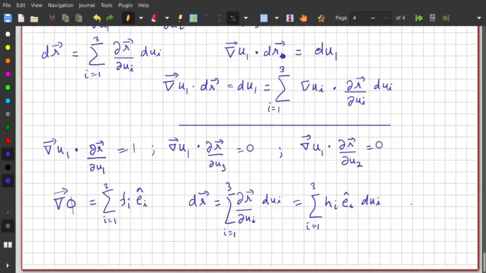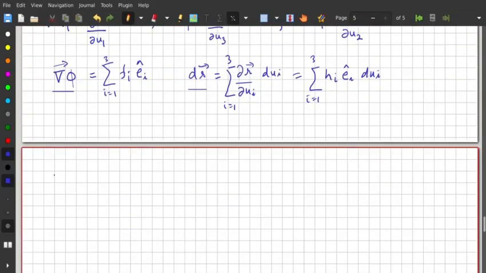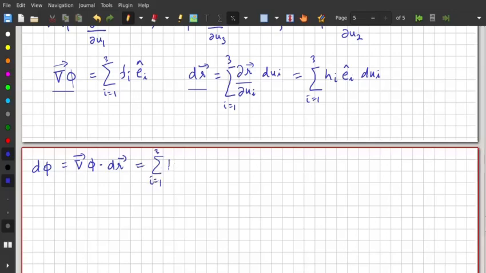Okay, and so this is the grad phi, this is dr, and if we take the dot product of the two, grad phi dot dr, we will get the elementary change in phi, so that is d phi. D phi is grad phi dot dr, and that is equal to the sum over i equals 1 to 3 of hi fi dui.